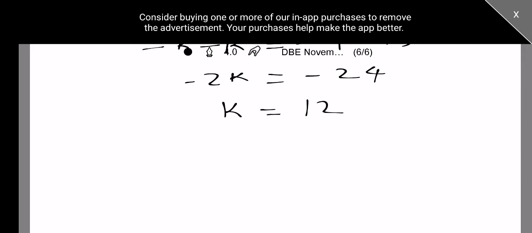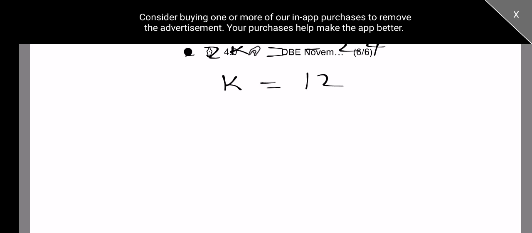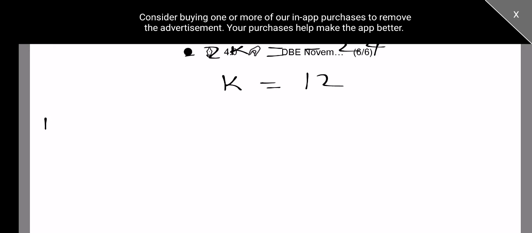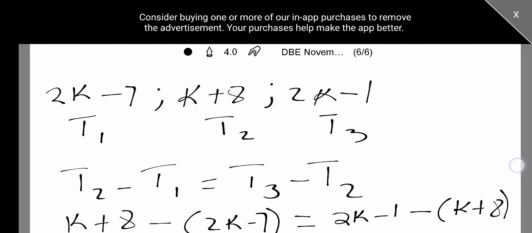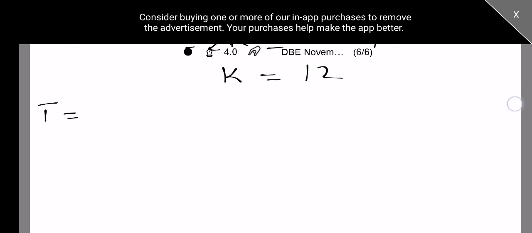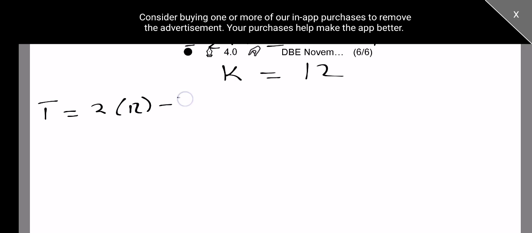Okay, now let's substitute. T1 equals 2k minus 7, k which is 12. 2 times 12 is 24 minus 7 is going to give us 17.